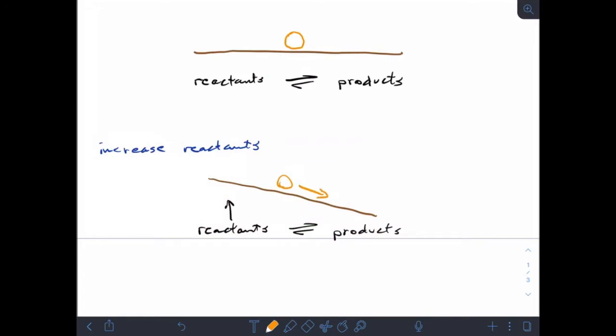So if I increase reactants, I shift right. The direction the ball will roll tells me which direction the reaction will shift. So it shifts right to make more products, and it will make more products until that equilibrium balances out again.